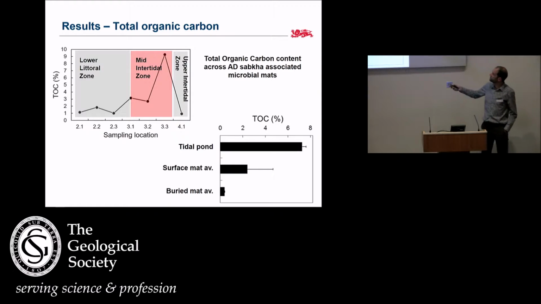So on average, for the surface samples, that comes down to about 2% total organic carbon. But if you compare that to the tidal pond, so that's again from the mid-intertidal zone, but then permanently covered in water, you got a much higher total organic carbon there. And the buried mat shows you that through diagenetic processes, this total organic carbon becomes even less.